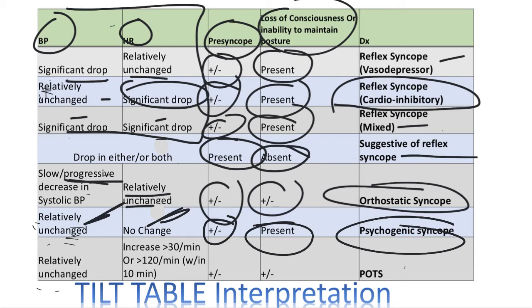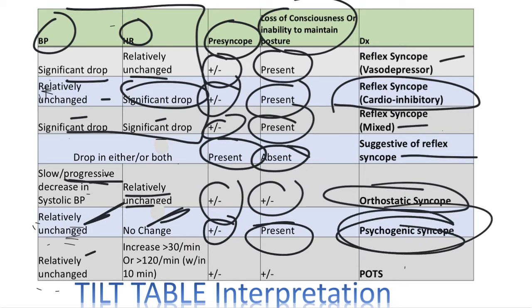The only other possible explanation would be four vessel stenosis, where both carotids and both vertebral arteries are more than 50% stenosed. That would cause a loss of consciousness due to the change in the amount of energy needed to get the blood to the brain. But in general, this is going to be psychogenic syncope.